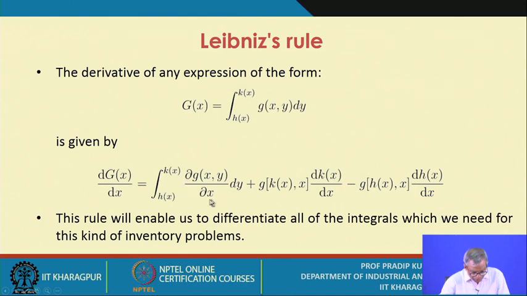This is the partial derivative with respect to x, the first term, and these are the changes you make in the function g(x,y) in respect of k(x) as well as h(x). Then you take the derivative of k(x) with respect to x as well as the derivative of h(x) with respect to x.